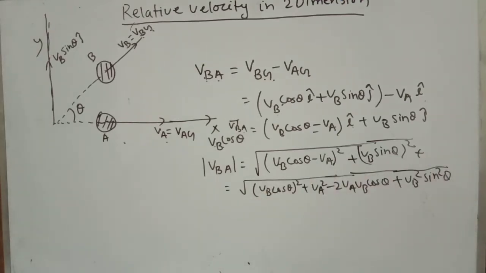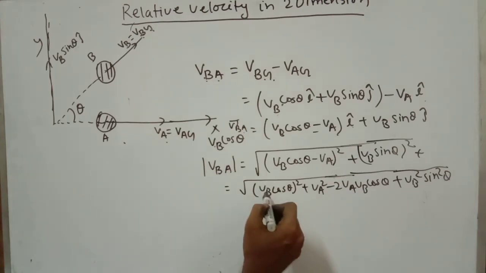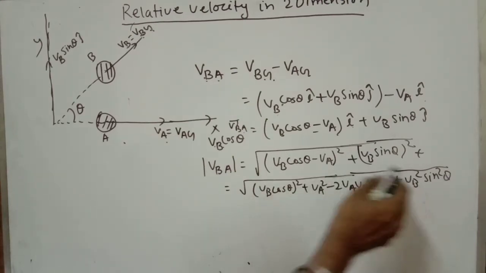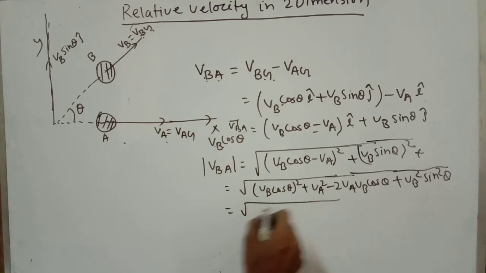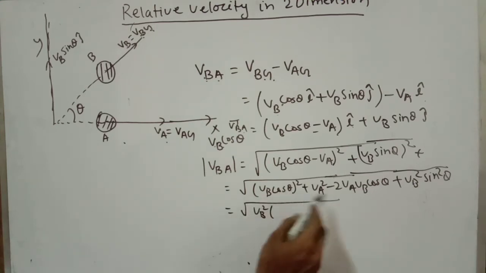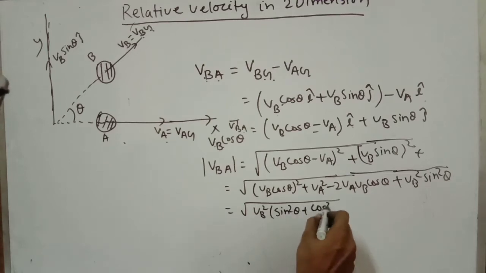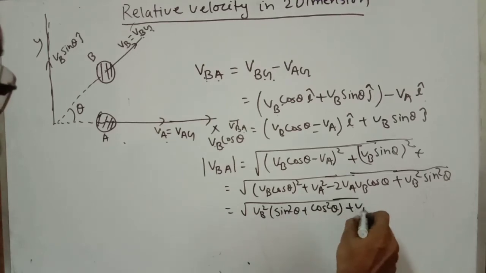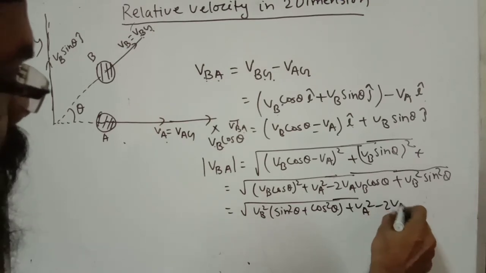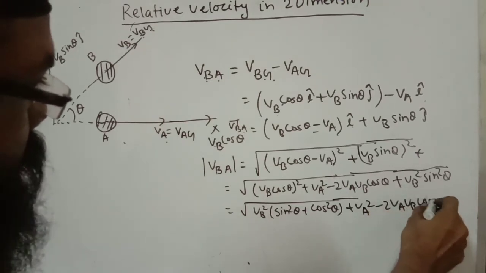Now you can see VB square is present in both terms, so take it common: VB square times (sin square theta plus cos square theta) plus VA square minus 2 VA VB cos theta.